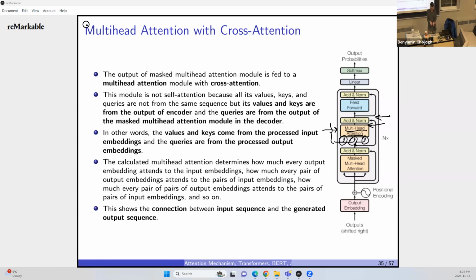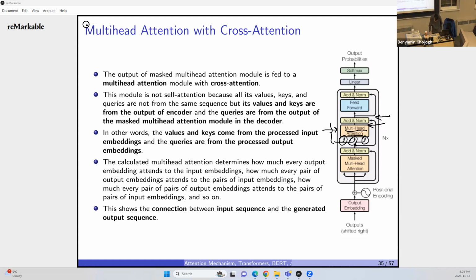How much every word in the output embedding attends to every word in the input embedding. Also, how much every pair of words in the output embedding attends to every pair of words in the input embedding. Also, how much every pair of pairs of words in the output embedding attends to every pair of pairs of words in the input embedding, and so on. It becomes a monster, right?